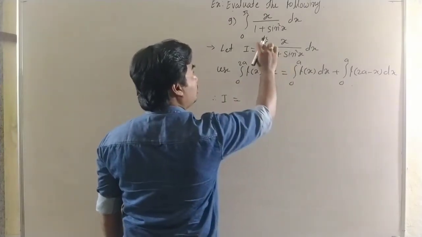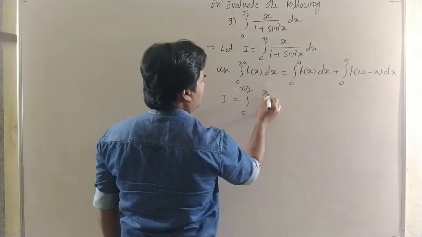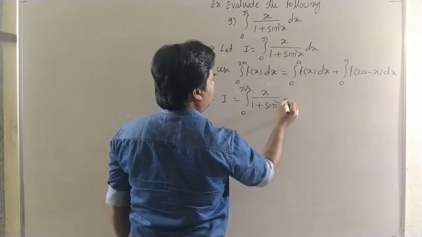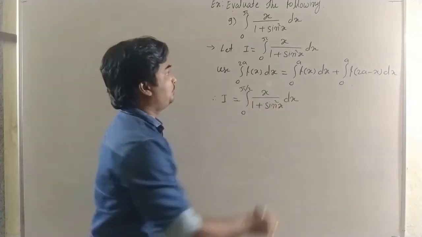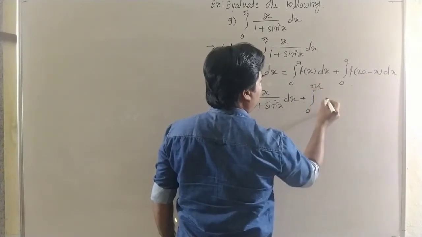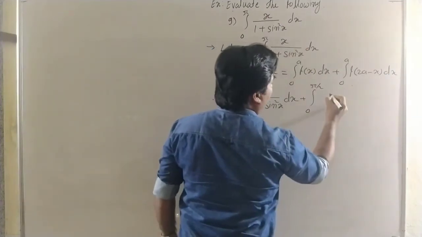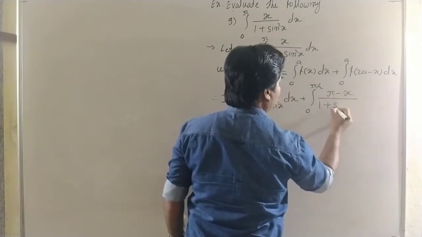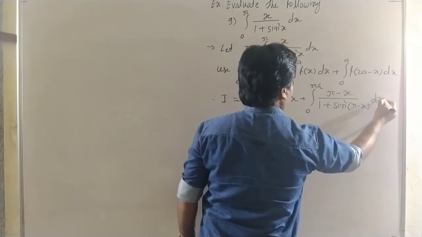It is 0 to 2a, so here integral 0 to pi by 2 of x upon 1 plus sine square x dx, that is 0 to a of f of x dx, plus integral 0 to a, that means 0 to pi by 2, of f of 2a minus x. 2a is pi, therefore x is replaced by pi minus x, upon 1 plus sine square of pi minus x dx.